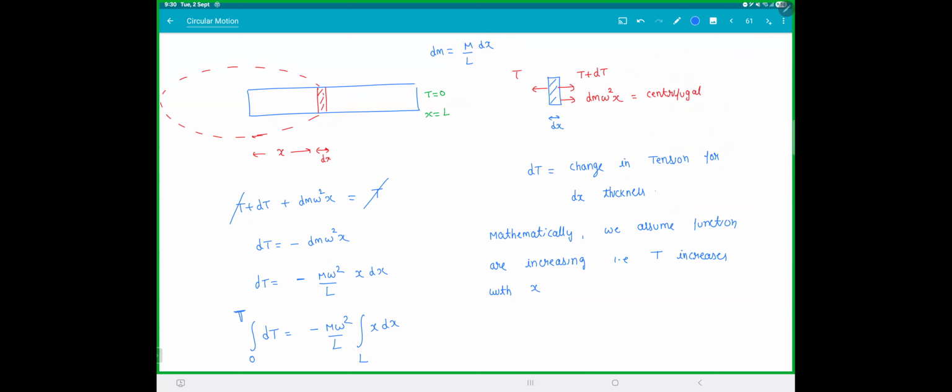That is not how you do it, because at x is equal to 0, we don't know the value of tension, so I can't put 0 to x and 0 to T. So we get T is equal to minus m omega square by L times x square minus L square by 2. We get m omega square by 2L into L square minus x square. That's your tension, everyone.